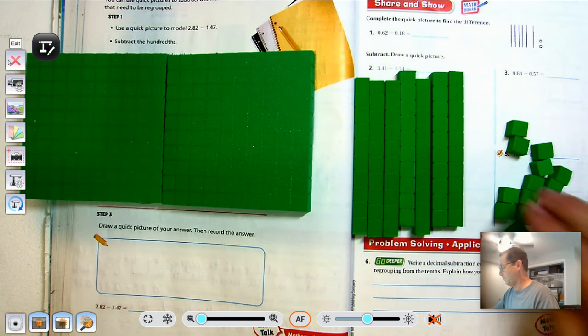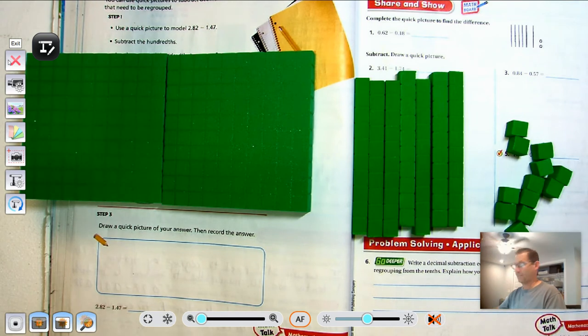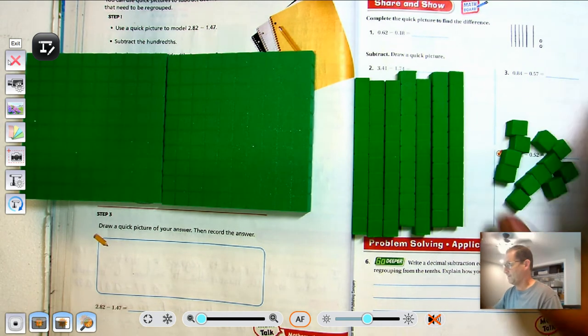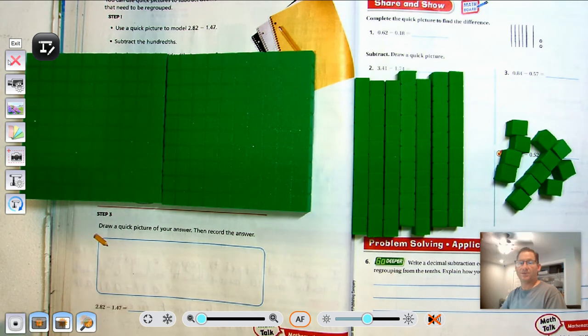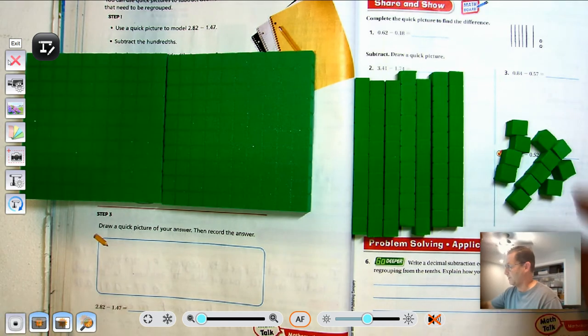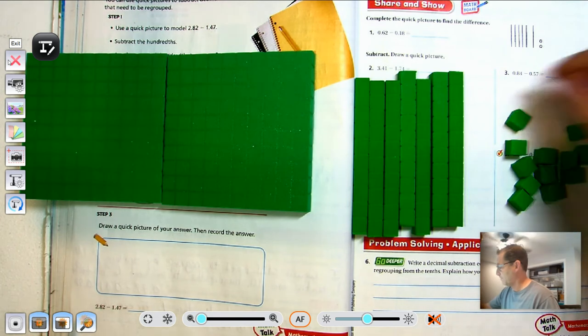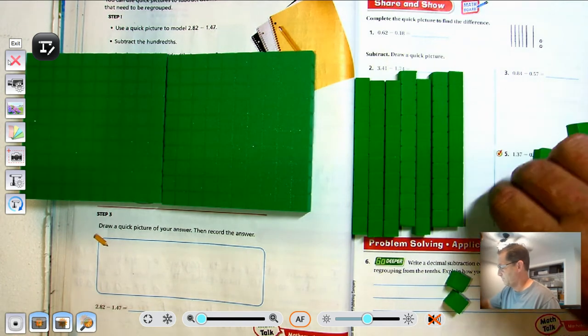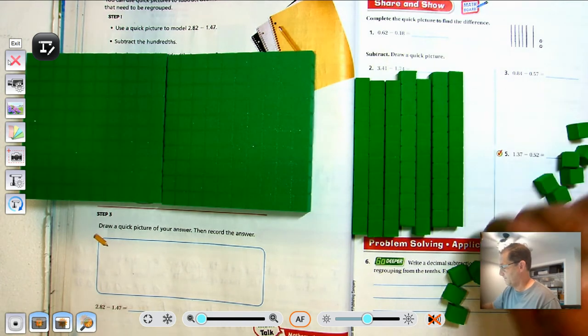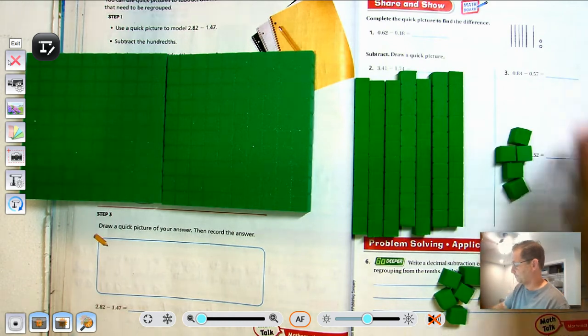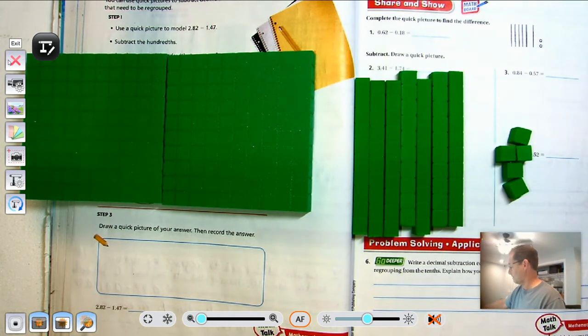Okay, so 2, 4, 6, 8, 10 hundredths. Now, can we take away 7 hundredths? Sure. So 2, 4, 6, 7. Okay, so we took away 7 hundredths.